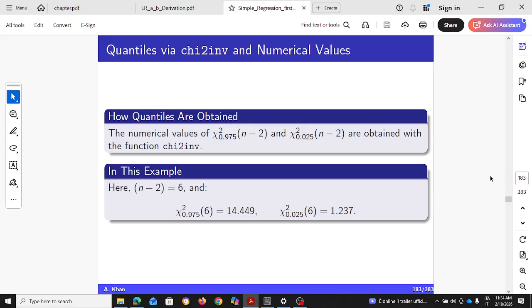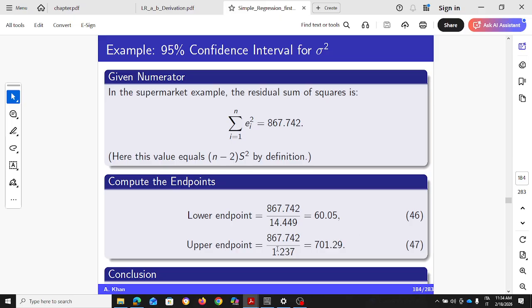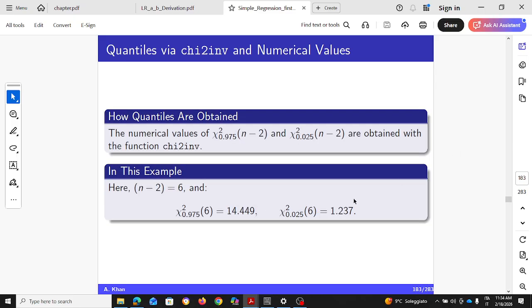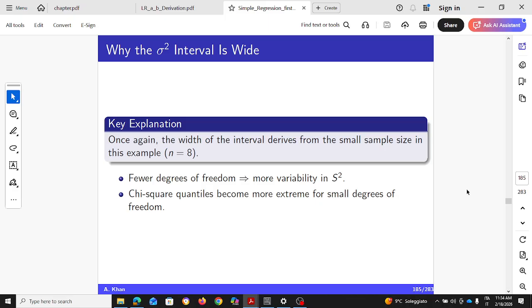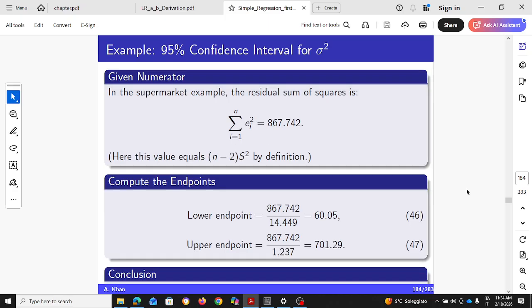Similarly for the upper limit, taking this value divided by the lower quantile. So we get the lower limit here. And once again, because we have a small number of rows, we have large intervals.